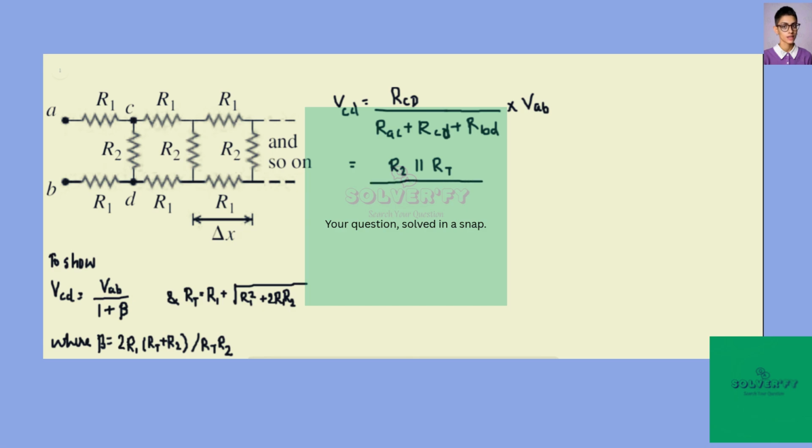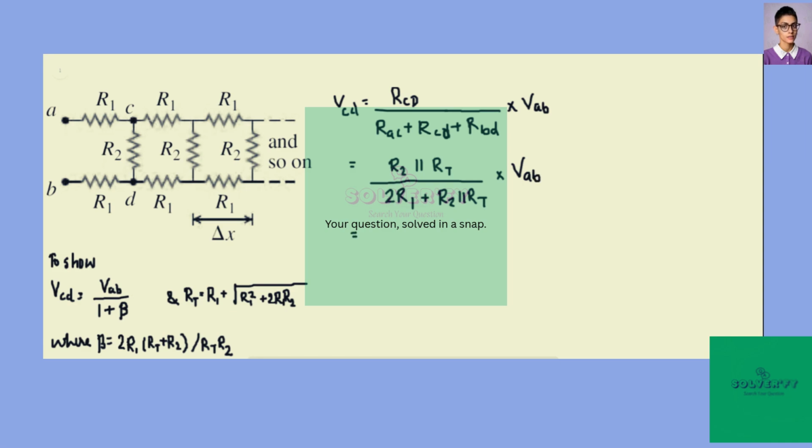The resistance across AC is R1, BD is R1, so I can write twice R1 plus the resistance across CD, which is again R2 parallel RT, this much into VAB.